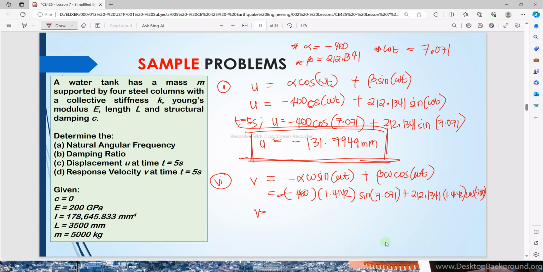Eventually we get a velocity equal to 612.5804 millimeters per second.